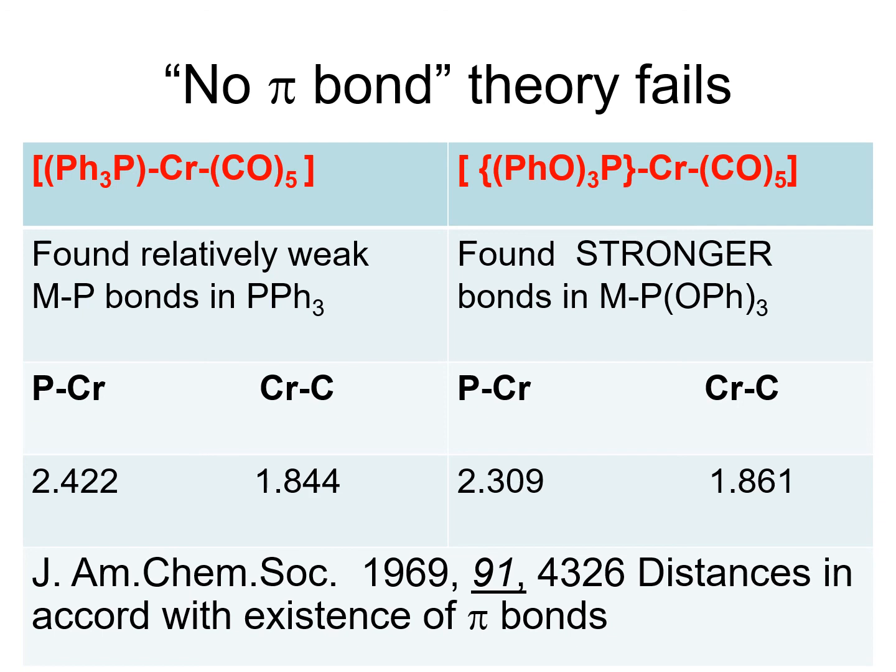If that is the case, then you would have expected the bond distances to be different. And now we see from the experimental bond distances of several phosphorus compounds that the strong electron withdrawing group present on the phosphorus in fact shortens the P-Cr bond. So this suggests that there are distances consistent with the presence of pi bonds. Pi bonds are definitely present in these compounds.